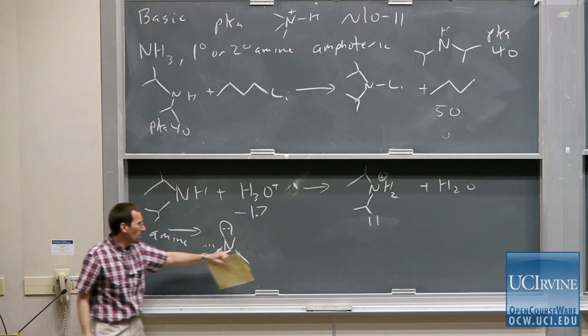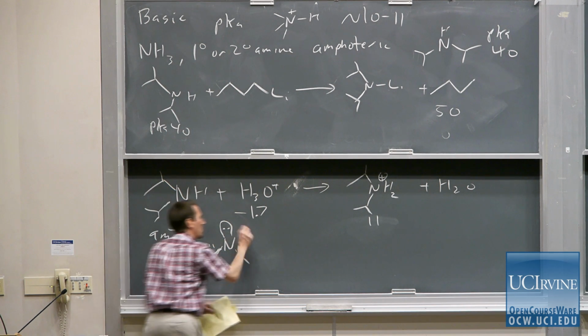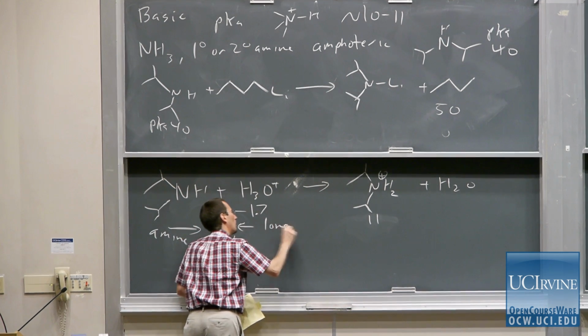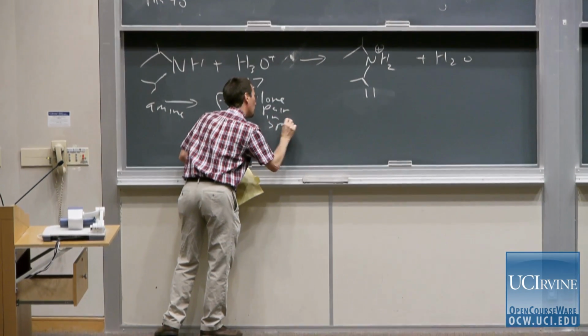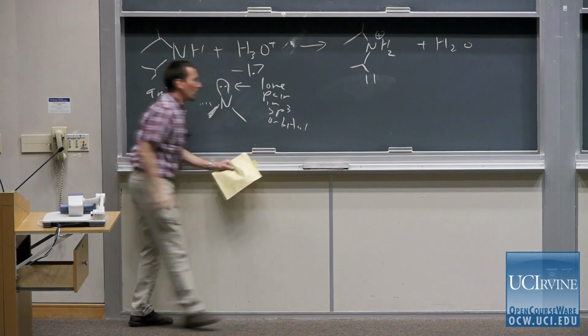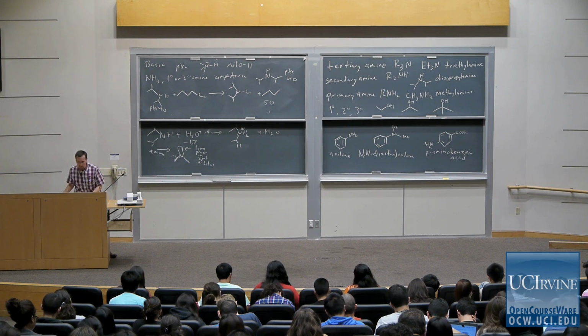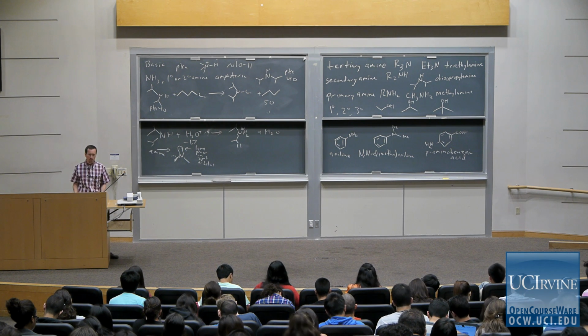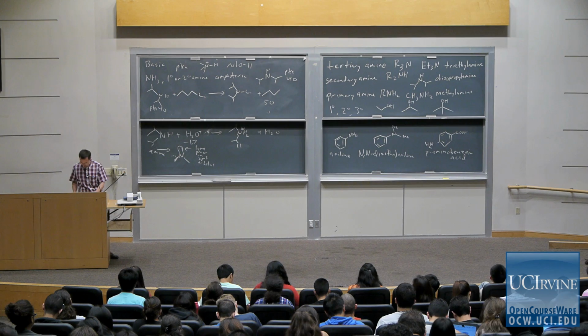If it's an alkylamine, it has a lone pair that's in an sp3 orbital. And for an alkylamine, the electrons are not participating in any significant resonance, and so that lone pair is available to protonate.